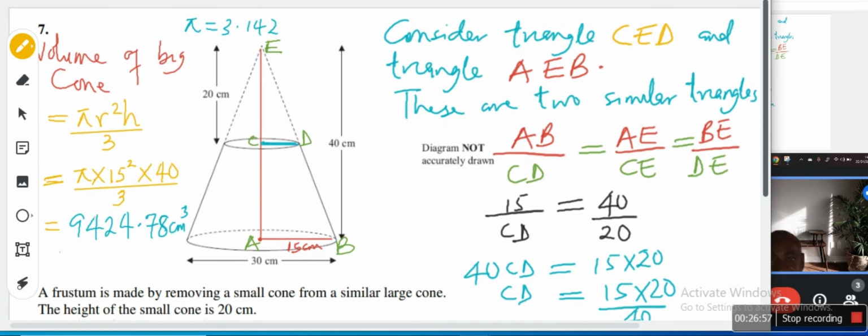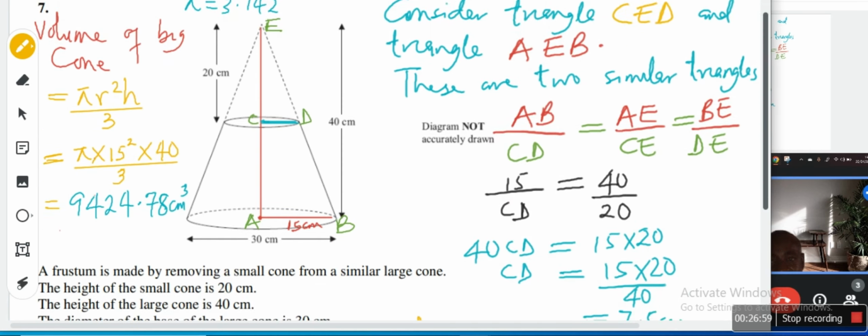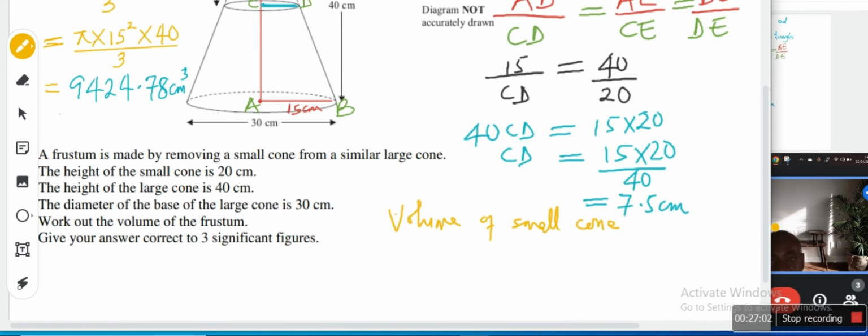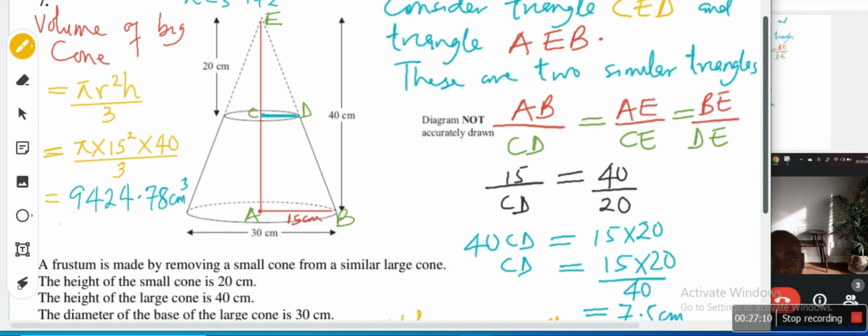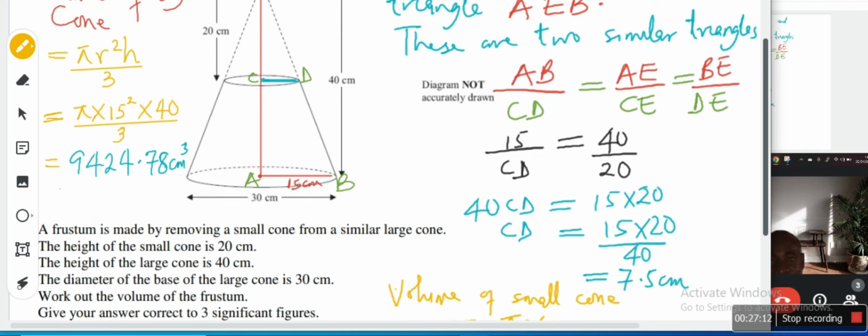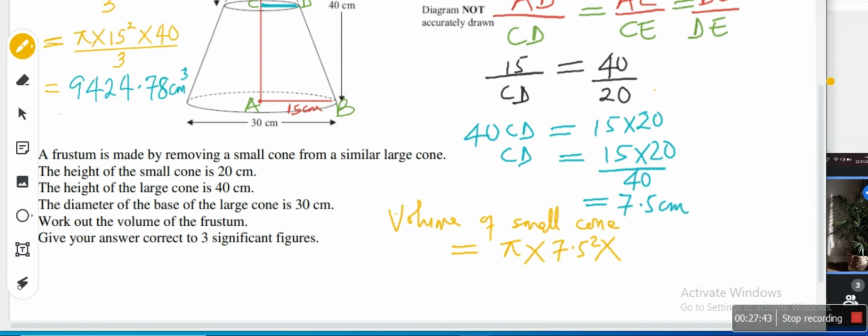You know the formula for the volume of a cone? Pi r squared h over 3. So the volume of the small cone will be pi times, what's this r? The radius of this small cone, 7.5, which is what we found, times 20.